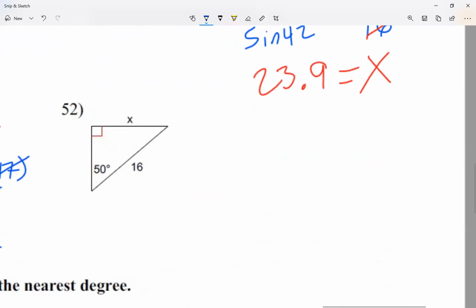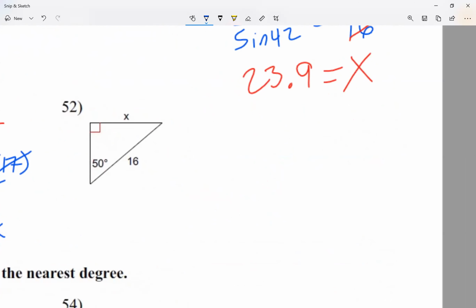Question number 52. I have the hypotenuse, and I have the opposite, based on 50 degrees. And on the homework, make sure you don't type in x equals, just type in the number. So looking at number 52, I remember O and H, I remember the acronym SOH.